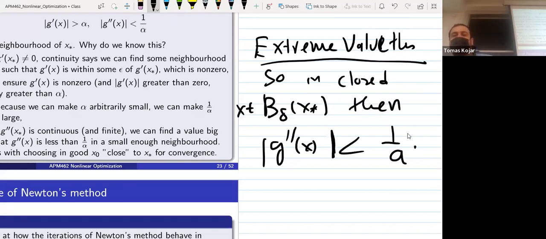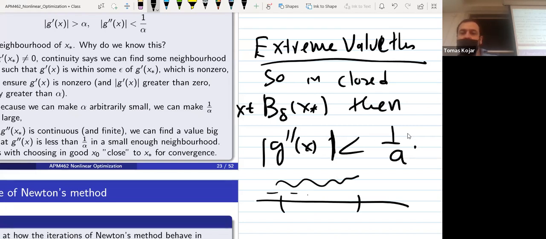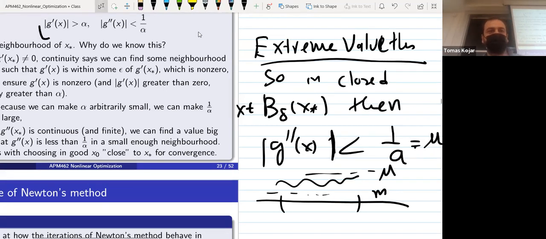The extreme value theorem says that you give me any compact region, I can always find the max and the min. So this is the max. That's how they get these two bounds.